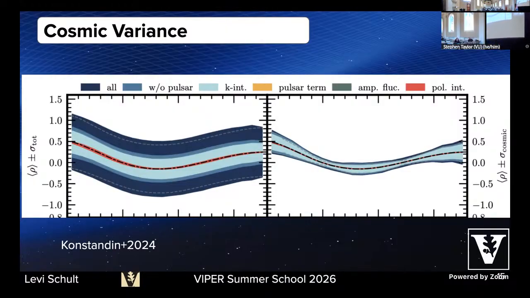These four are different contributions to cosmic variance. I think K-int is the actual integration over the different sky pixels, the fact that your sky pixels will have correlations between each other, I'm pretty sure, but we can double check that afterward as well.